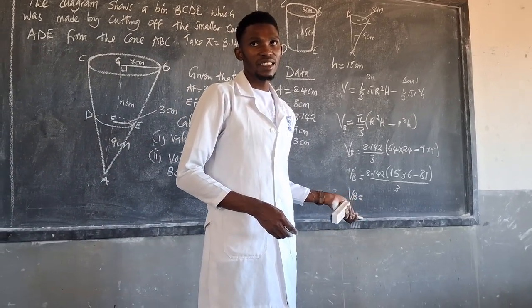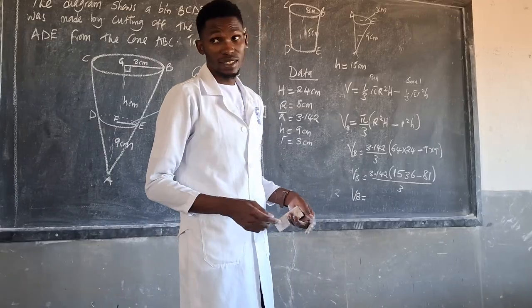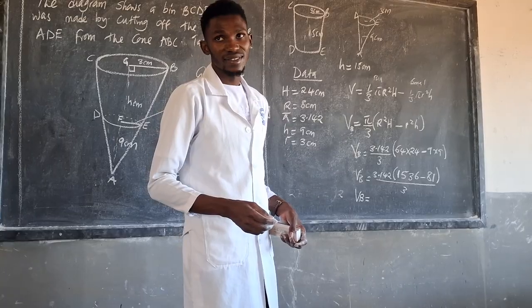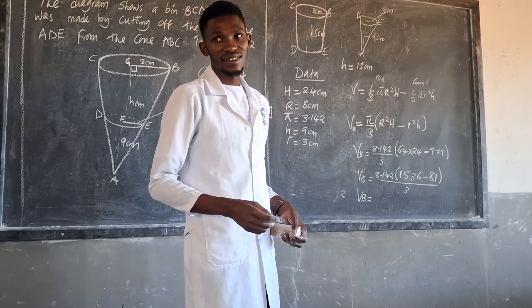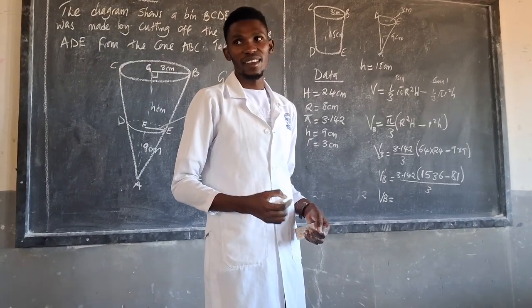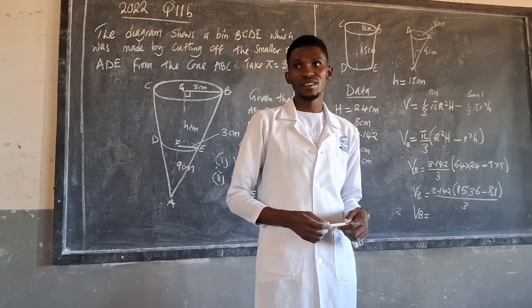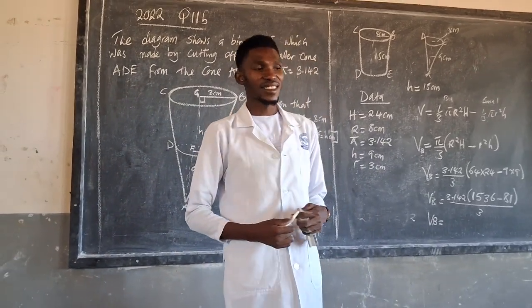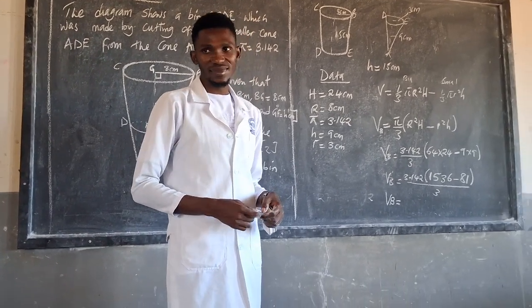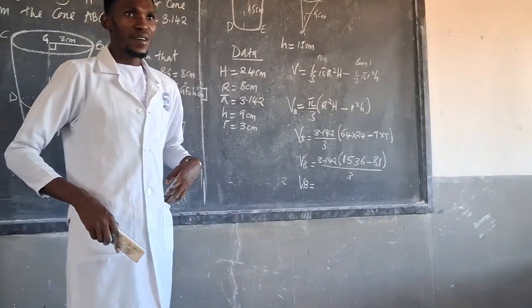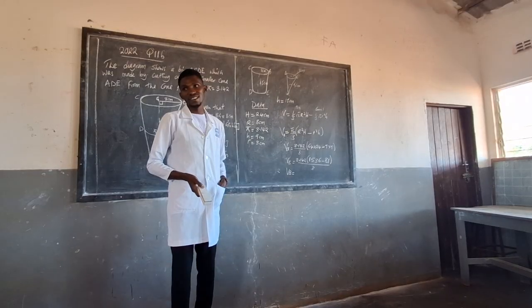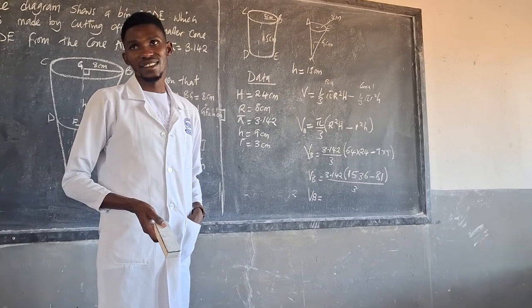You have divided by 3. What are you getting? Someone to verify. And what have we found? 1,500.86.